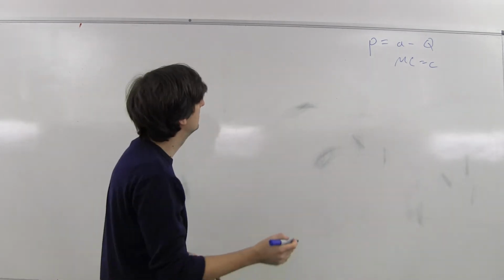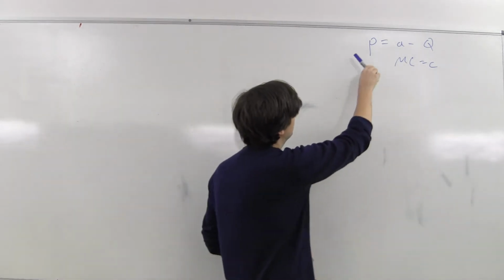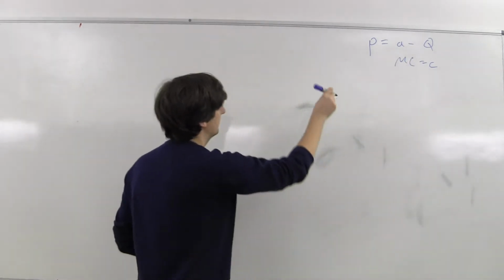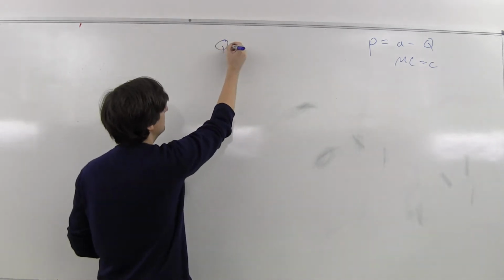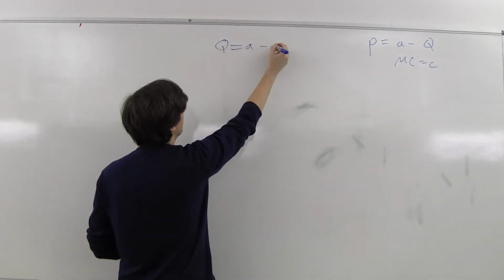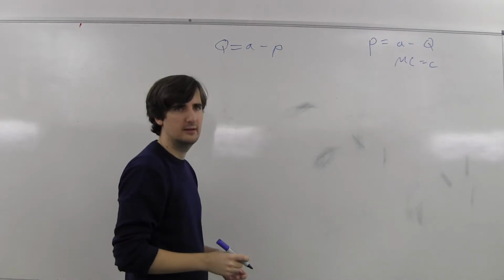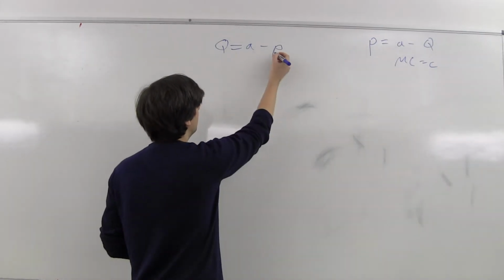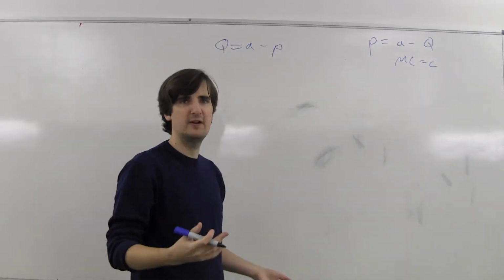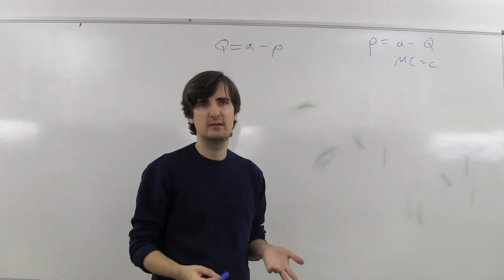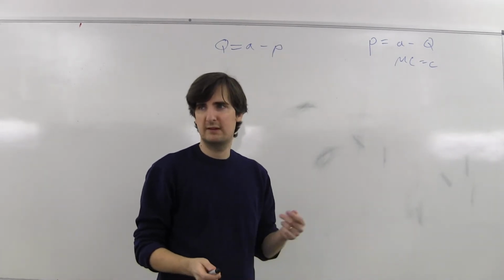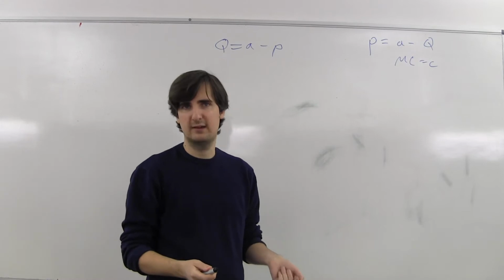Okay, so first thing to do, let's invert the demand curve. P is A minus Q, so quantity demanded Q is going to be A minus P. But this P is the final price that the consumer pays. It's not the price that the firm is going to set.